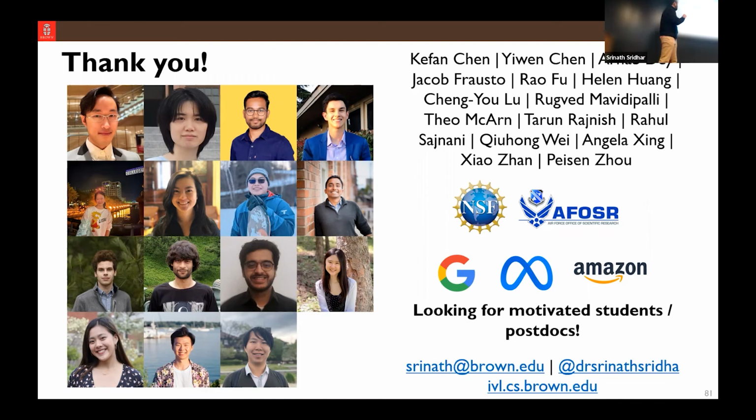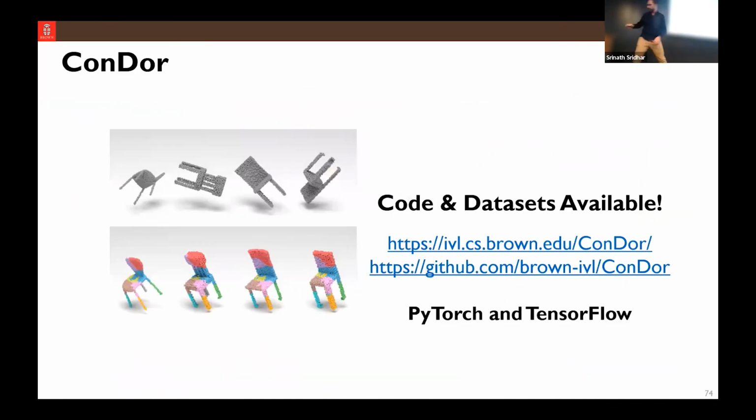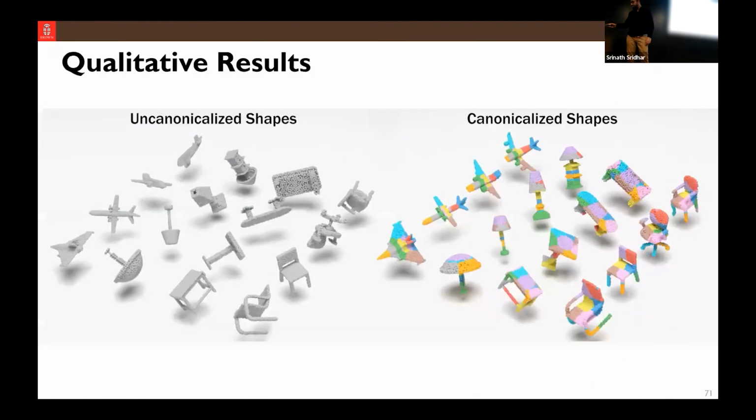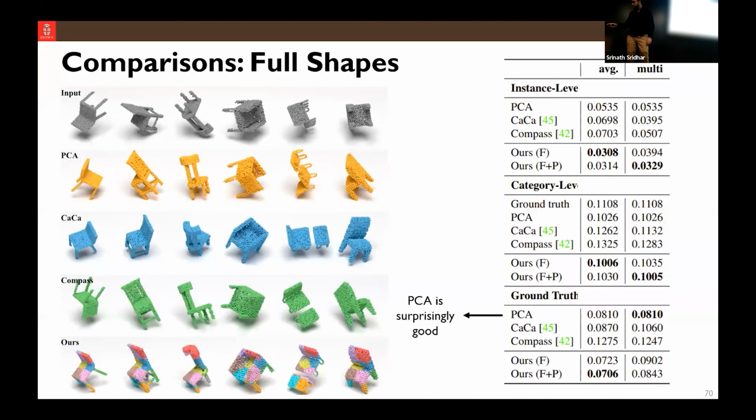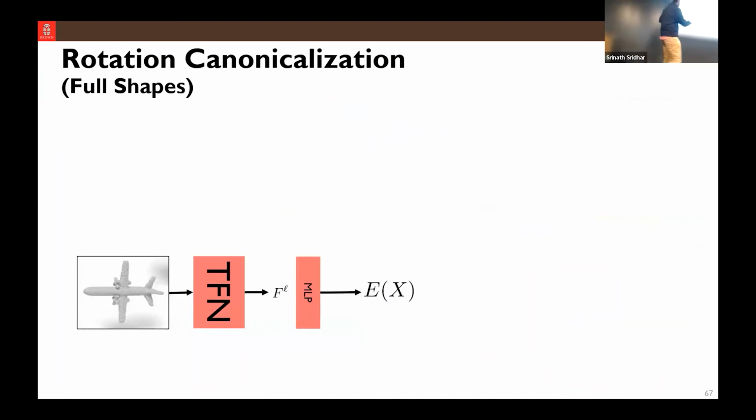Let me try to go back to that slide here. It's a bit slow. But anyways, if we extract these equivariant features here, we have something that is equivariant. As long as we choose one direction as canonical, we don't care about which direction we choose as canonical.